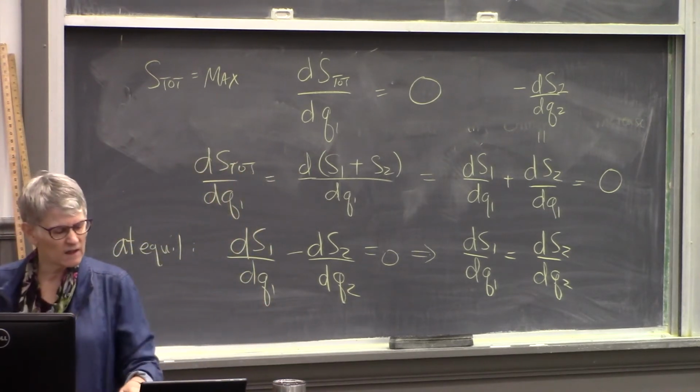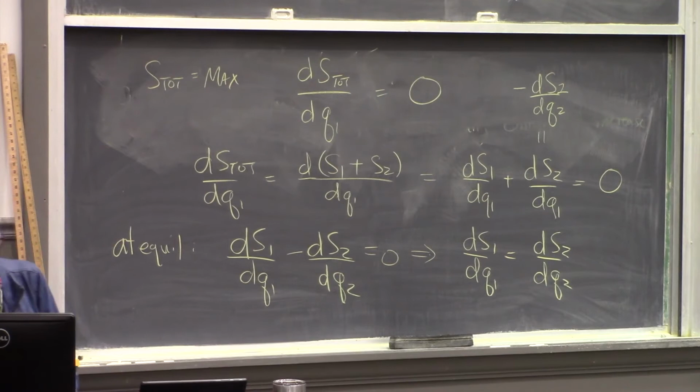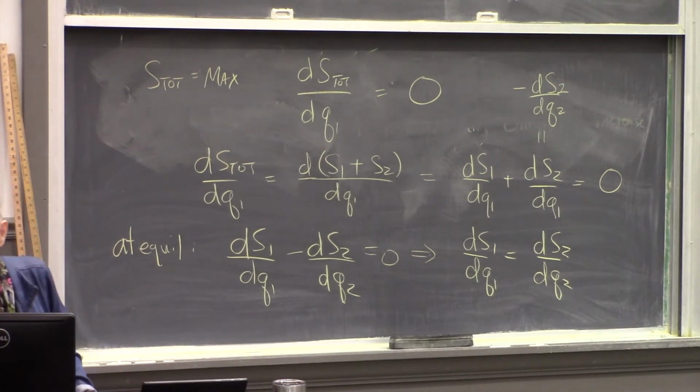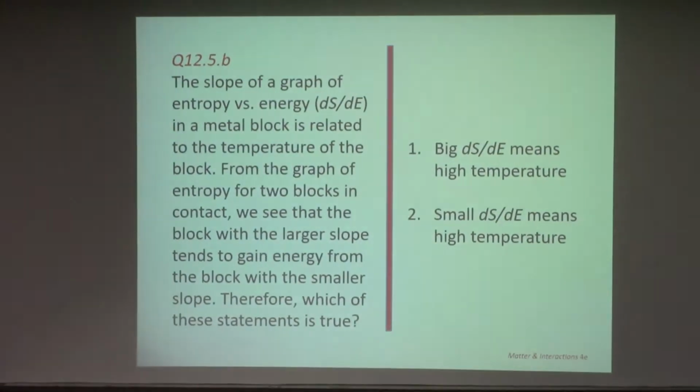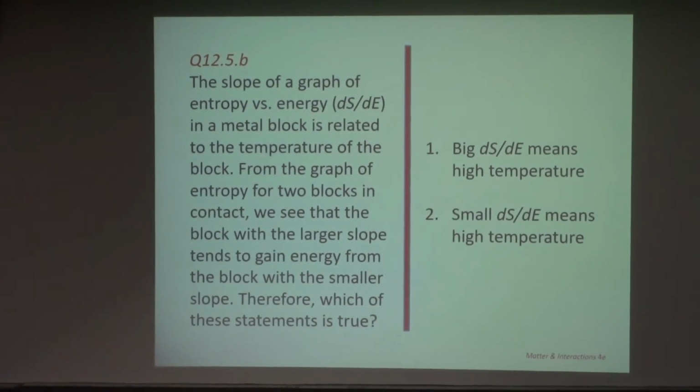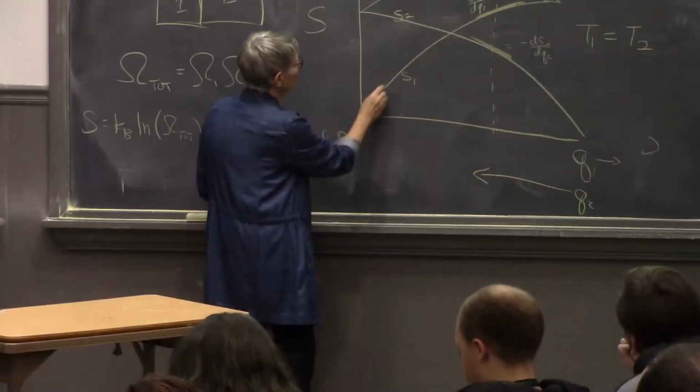So let's think for a minute about what it's going to be. So the question is, are these derivatives equal to the temperature, or are they equal to 1 over the temperature? And the way to think about this is to think about the slope at the beginning here.